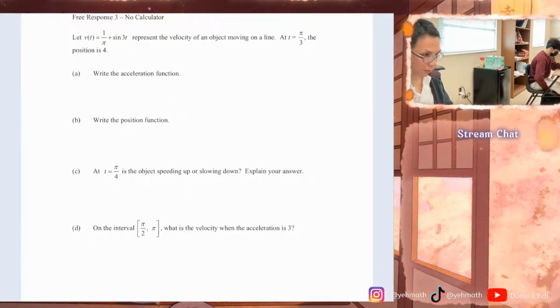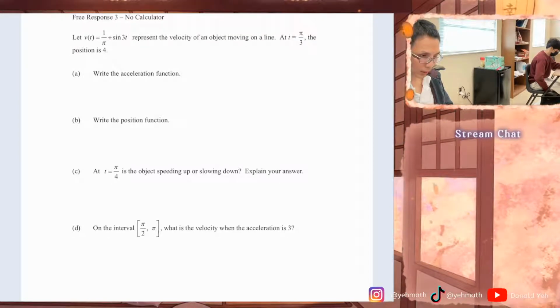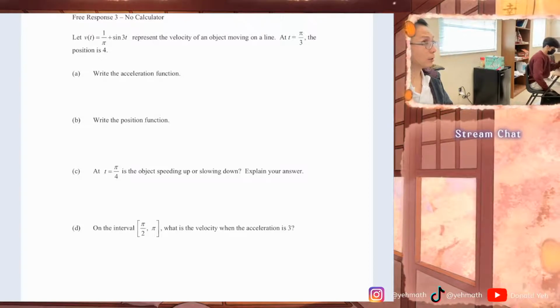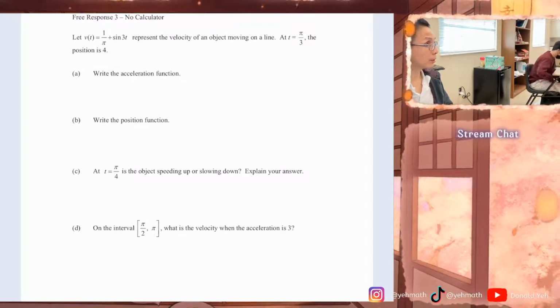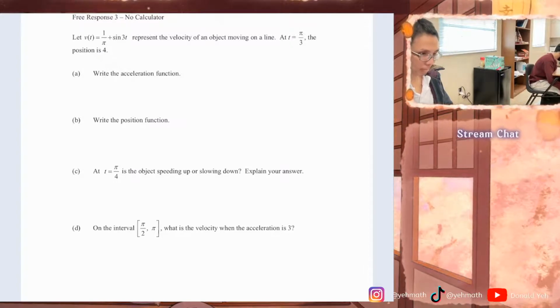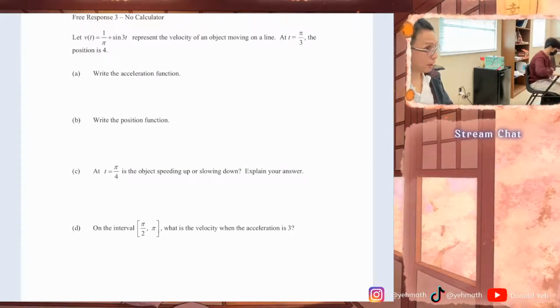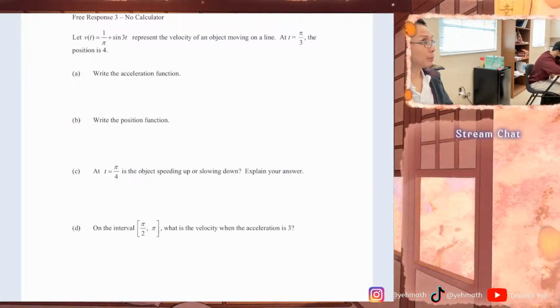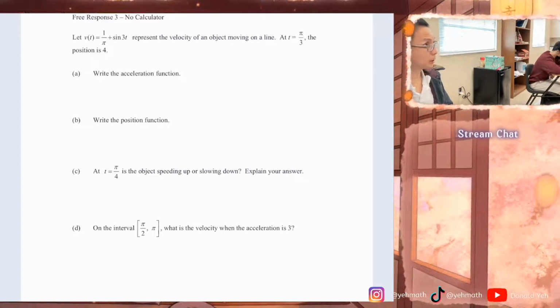It turns out you do need it. Right, so you have to be careful. They can ask you for the position at a certain time too.